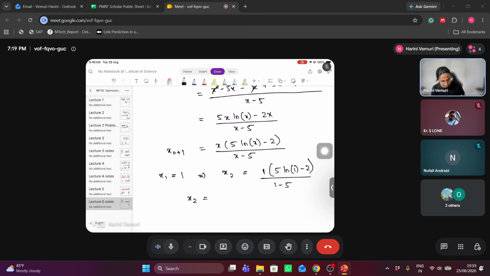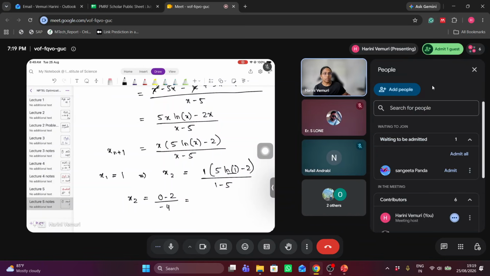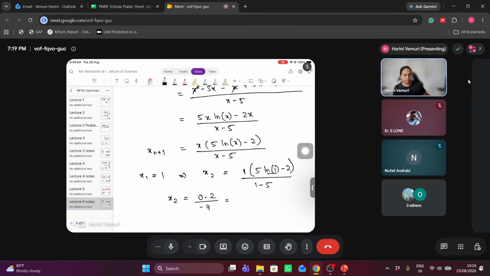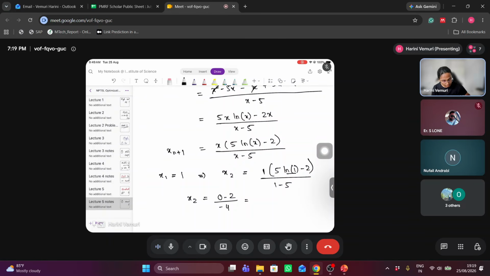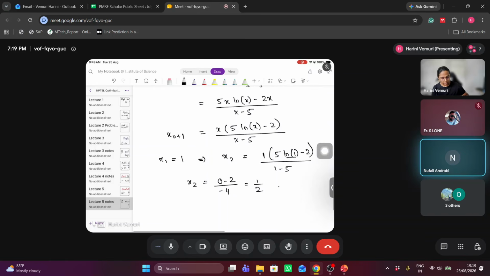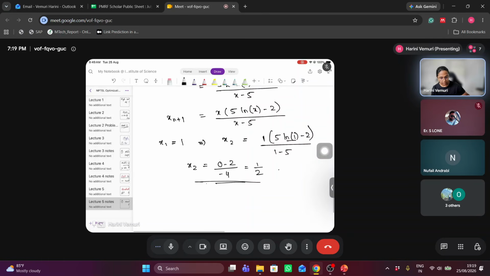So x2 equals, ln 1 is 0, so 0 minus 2 by minus 4. It's correct, right? Whatever I did. So it's 1 by 2. So that's the answer we have.